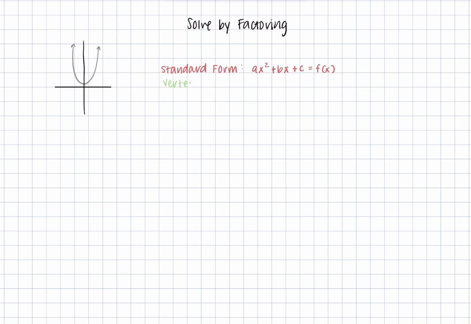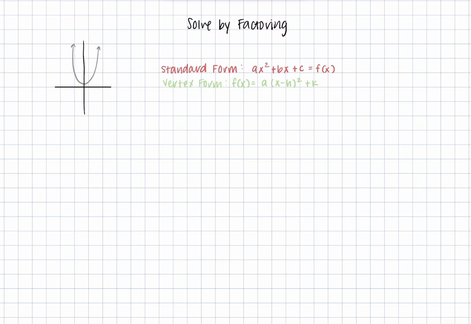This form tells us exactly where the vertex is without having to solve anything. It's f of x equals a, which is a multiplication factor, times x minus h squared plus k. So let's look at this in an example.